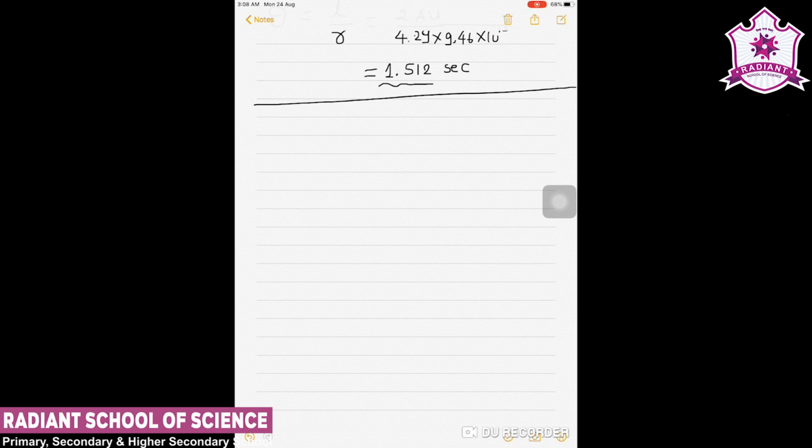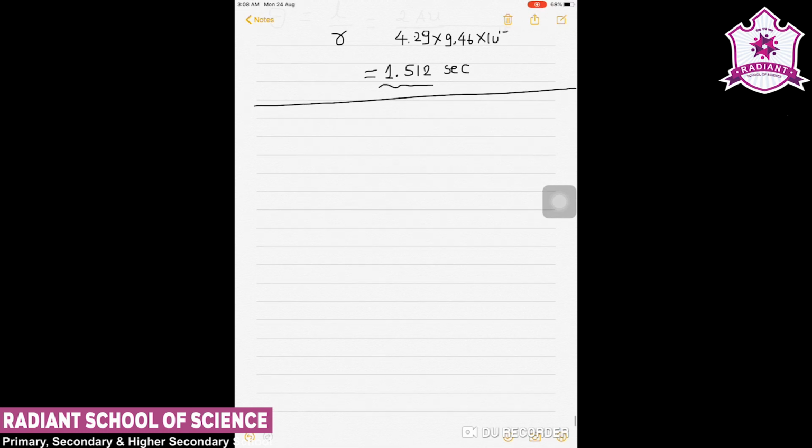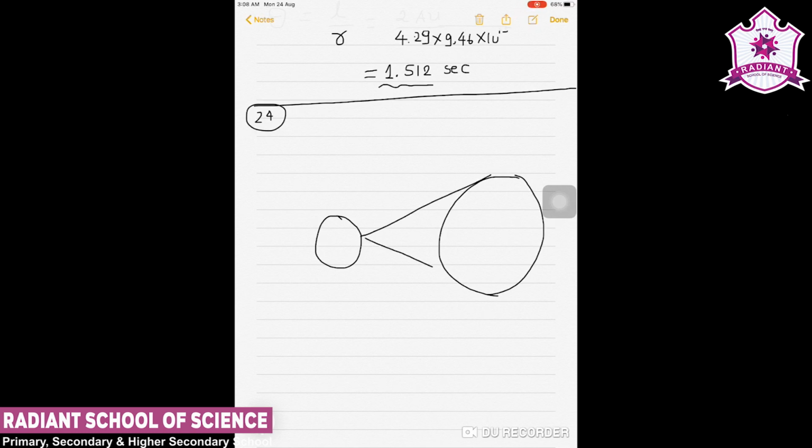So in question number 24, it is clear that suppose this is Earth, and suppose this is Jupiter. Now we are observing its diameter, and this is the diameter or angular diameter of Jupiter that we have to find out over here.